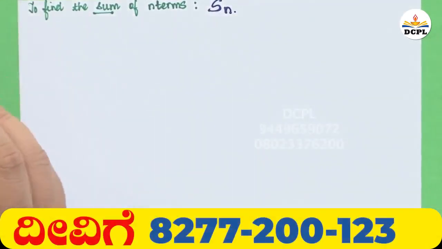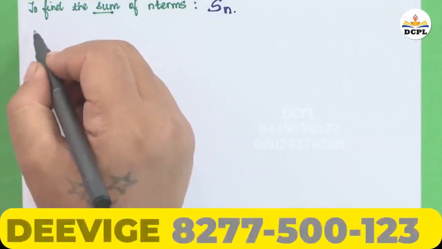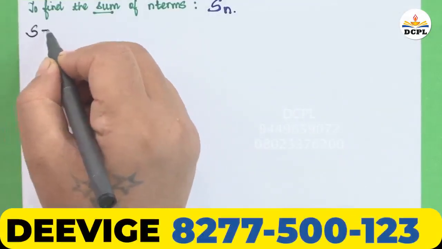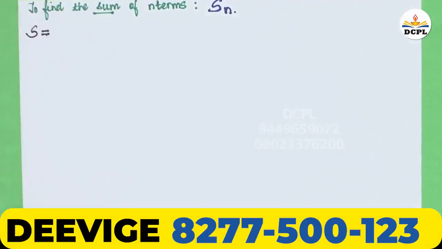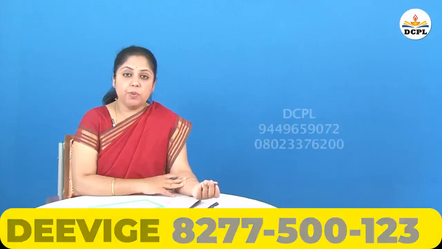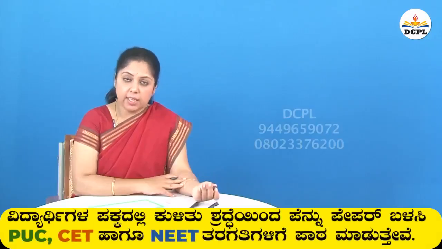Now we need to recollect how the arithmetic progression is written. It is generally written as a, a plus d, a plus 2d, a plus 3d. But since we are talking in terms of the series, what do we need to do? We need to introduce a plus sign between the terms.